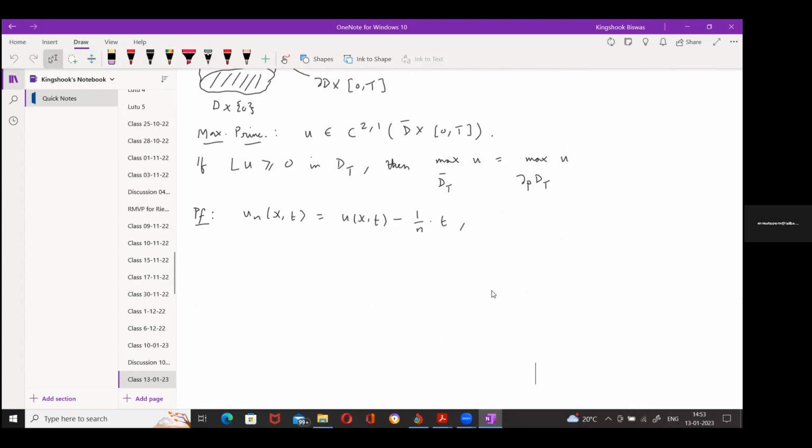Then you let (x_n, t_n) be a point in this cylinder where u_n attains its maximum.